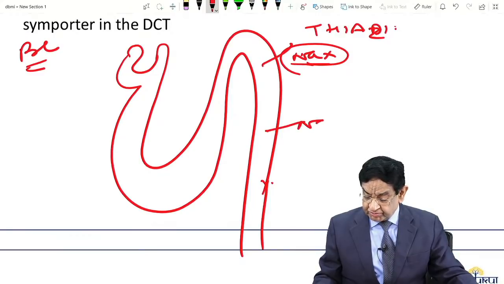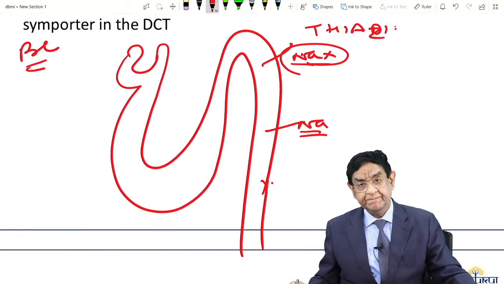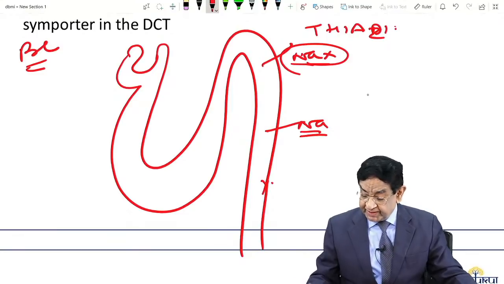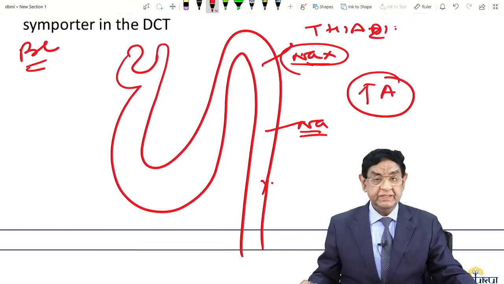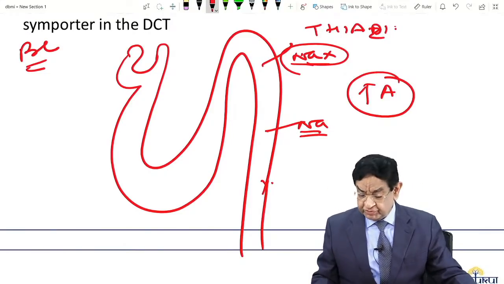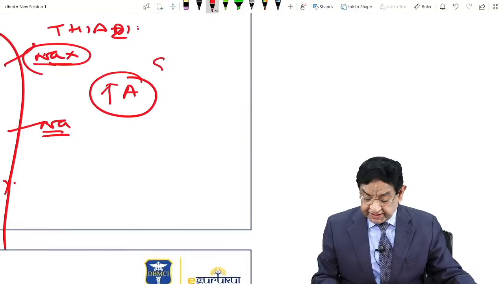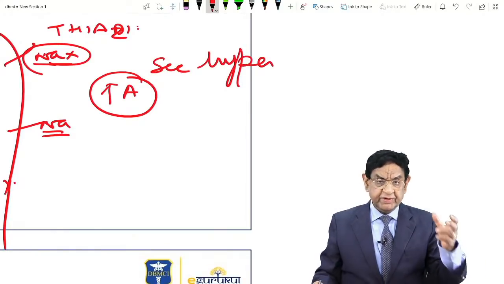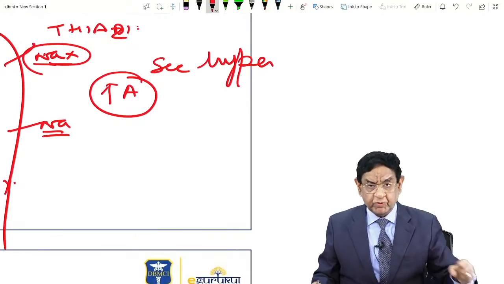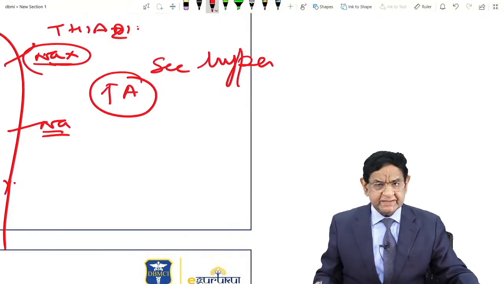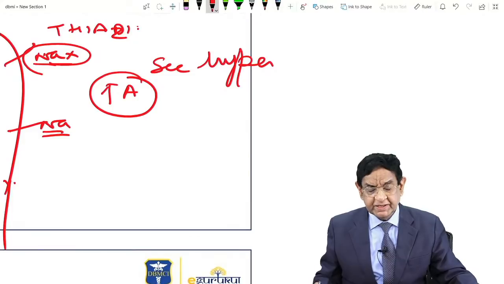Again, a large amount of sodium comes here. Again, the body will try to secrete a large amount of aldosterone. Same process as what happened with furosemide. There is secondary hyperaldosteronism, and that would try to conserve sodium and water. It's exactly the same as what happens with furosemide.